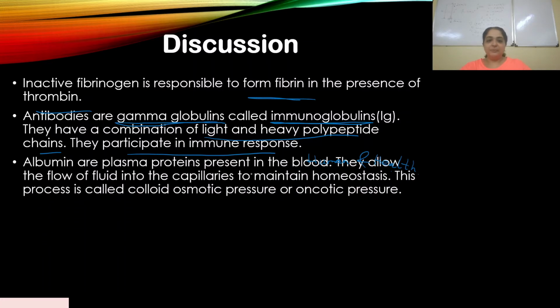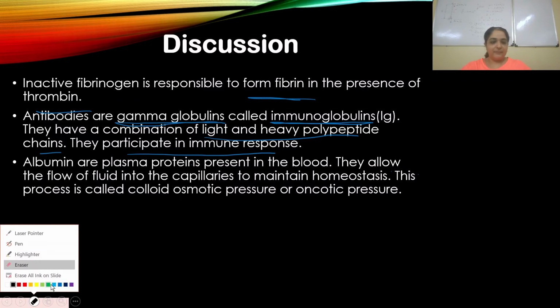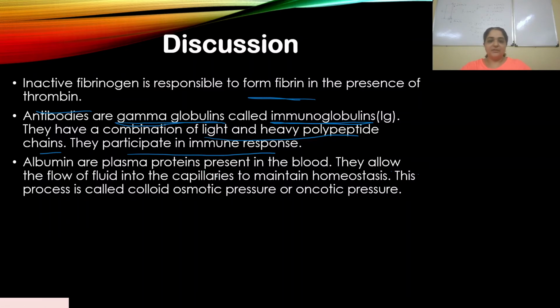Albumin is also a plasma protein, just like fibrinogen and globulin, present in the blood. It allows the flow of fluid into the capillaries to maintain homeostasis.